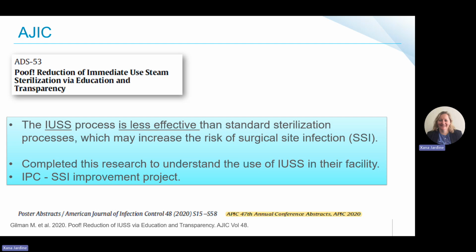They go on to state again that immediate use is less effective and can cause the risk of increased surgical site infections. So they started this research project and process to reduce immediate use steam sterilization as part of their surgical site infection improvement project. So that was their whole goal, to reduce surgical site infections, so they focused on immediate use.